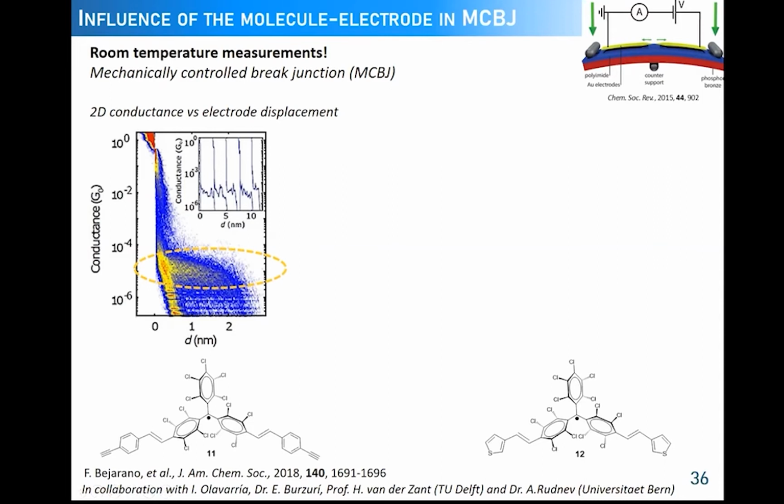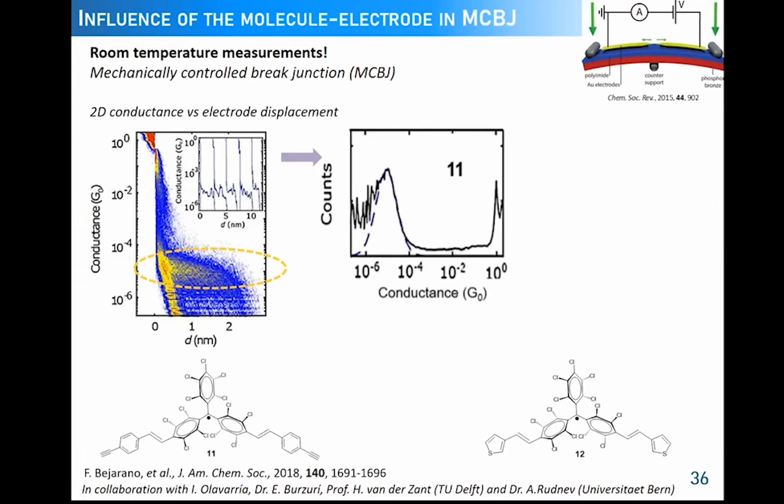Interestingly, if we see a single trace, represented here, we see that there is only a peak corresponding to one single conductance value, that is roughly an average value of this conductance that we measure here.